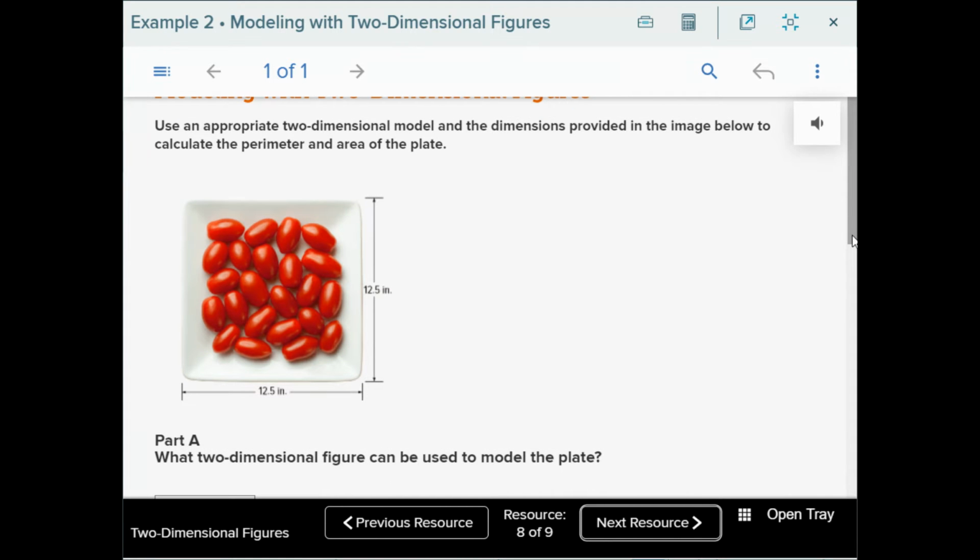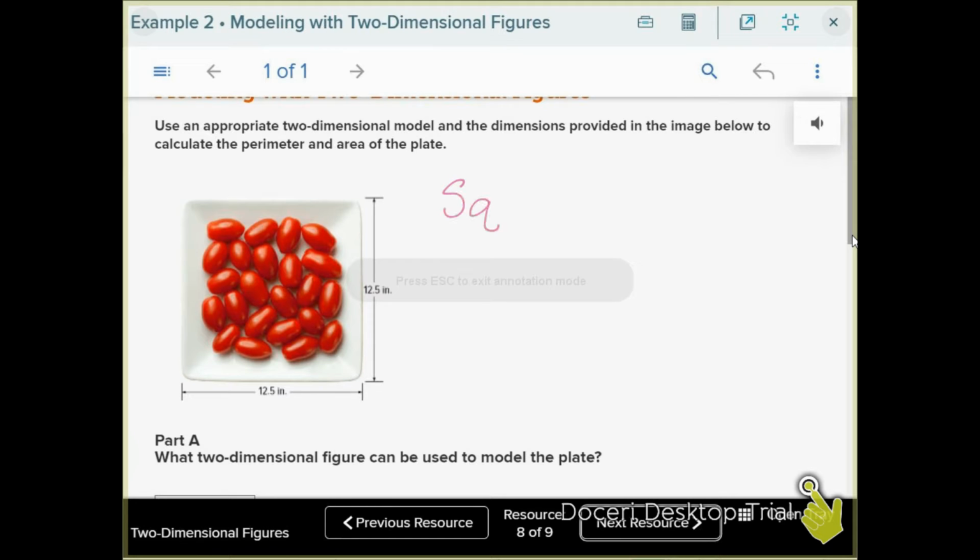So, taking a look at this shape, our job is to use an appropriate two-dimensional model and the dimensions provided in the image below to calculate the perimeter and area of the plate. Well, looking at this plate, I would say that it looks most like a square. I can see that the length and width are the exact same value, so that even more tells me that it's a square.